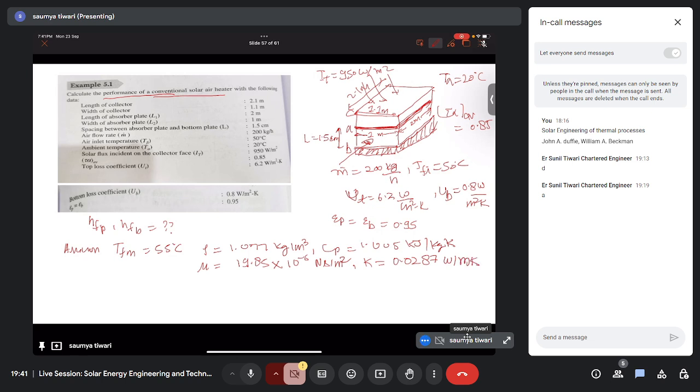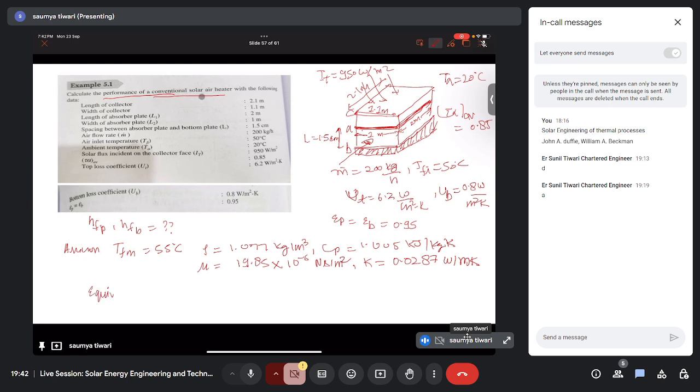Now first we'll see whether your flow is fully developed in this solar air heater or not. For that, what we need to know is your equivalent diameter, your length upon equivalent diameter, right? That value we have to see. So if you remember the derivation, first we need to calculate the equivalent diameter.